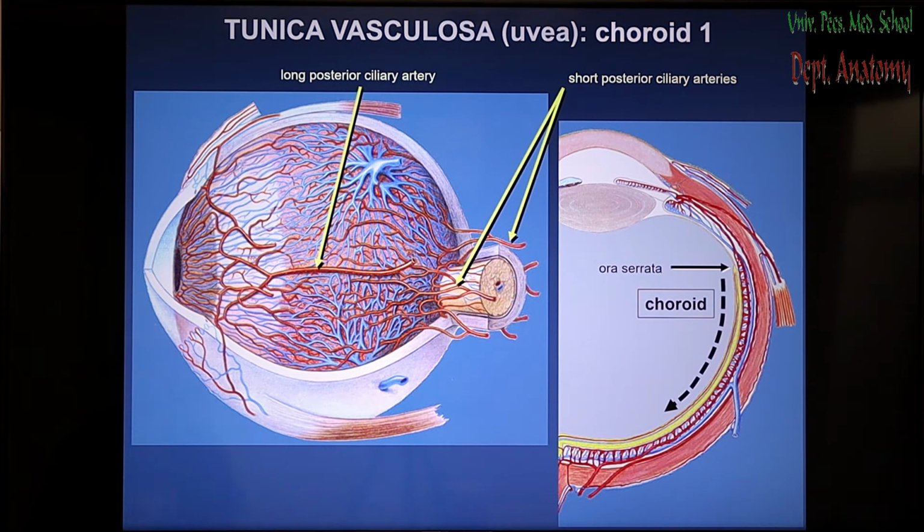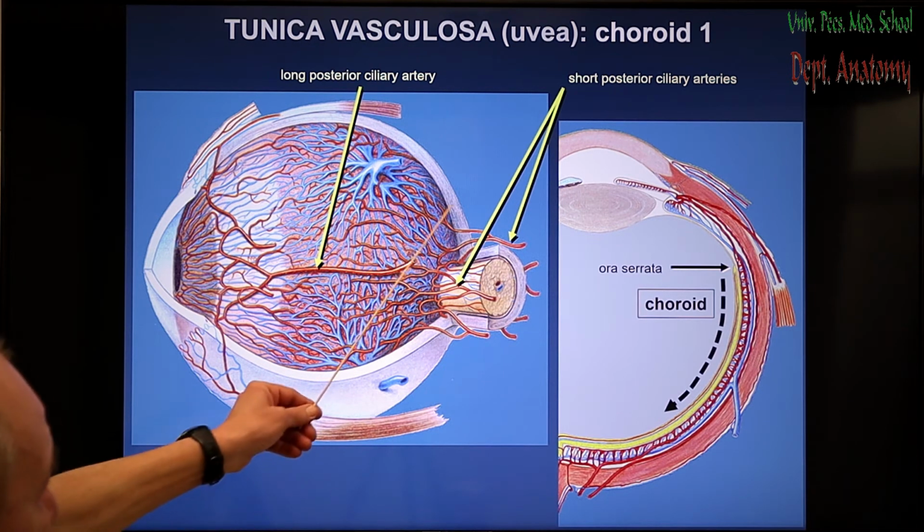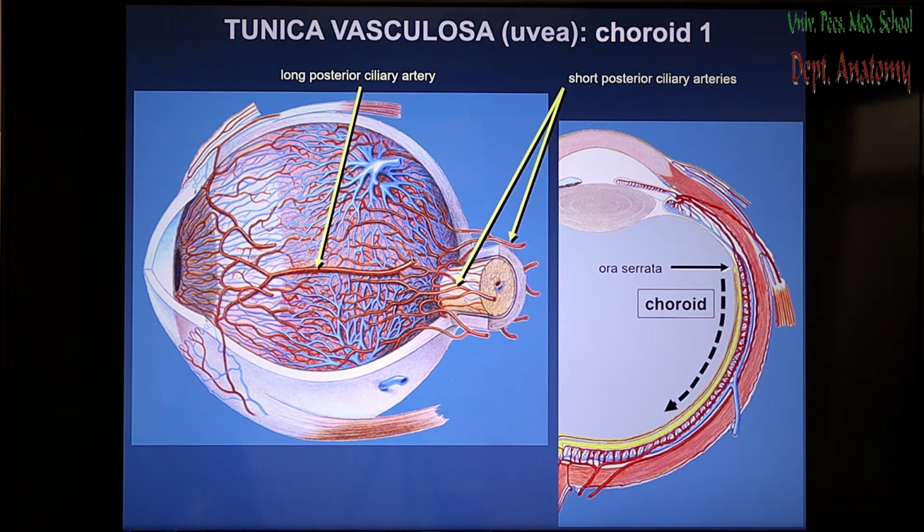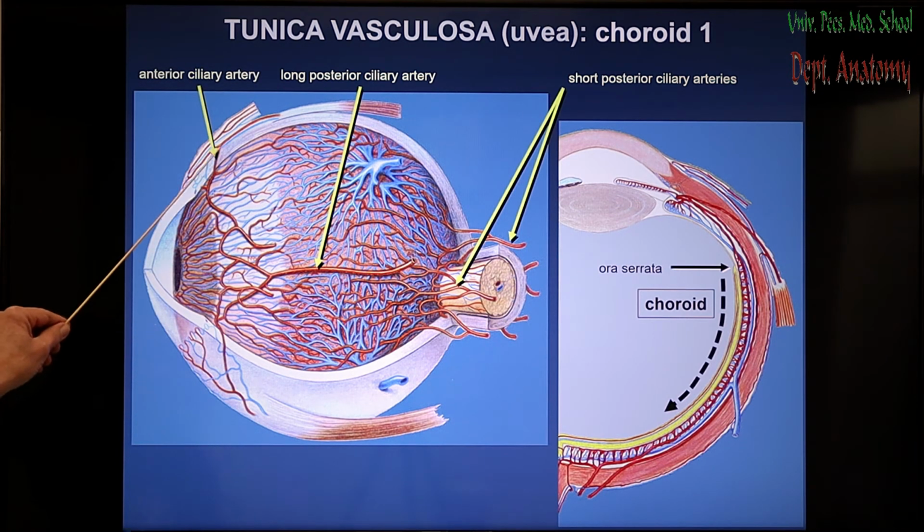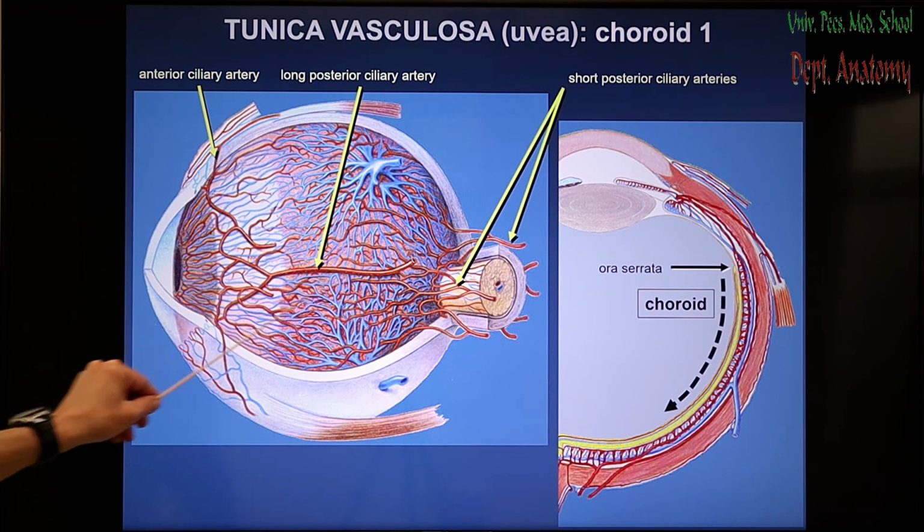According to that, of course, long posterior ciliary arteries should go through the sclera, but more goes anteriorly. As well as there are anterior ciliary arteries, smaller in size than the others, but equally important, and they anastomose with the long posterior ciliary arteries.